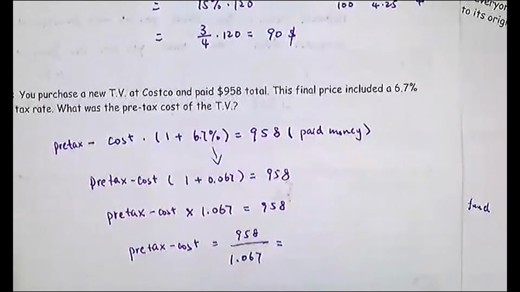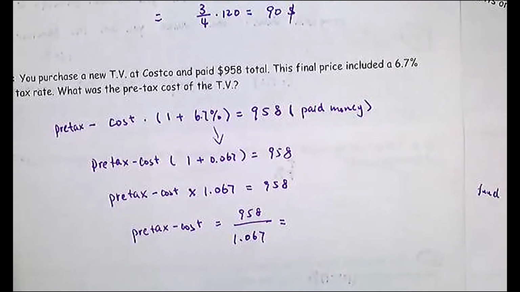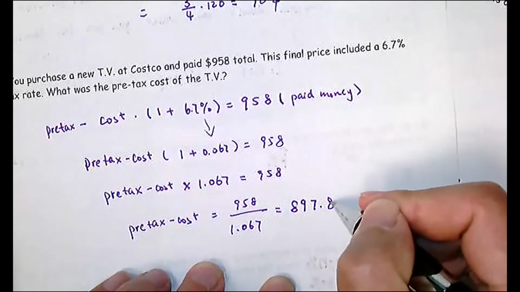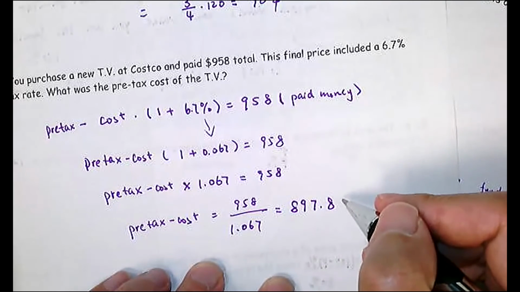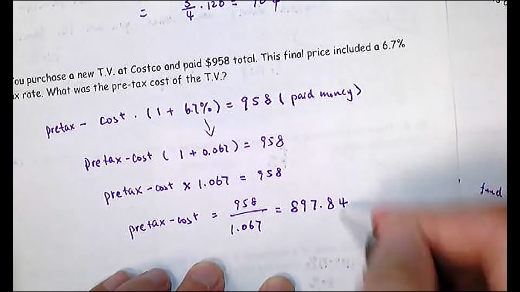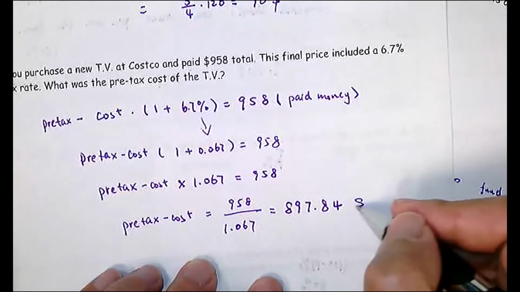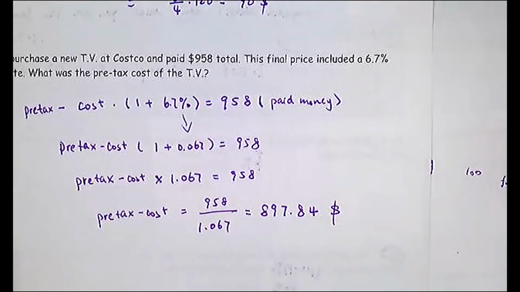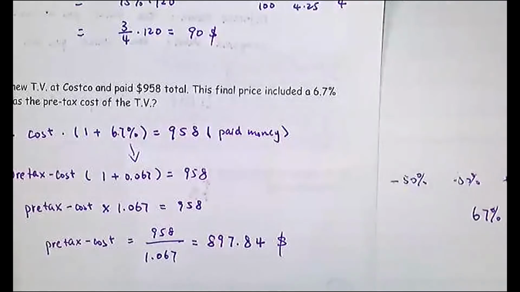I need somebody to do me a favor. Calculator time. 897.84. 897.8, what is the next? 4. Okay, let's just round to 2 decimals. Correct, you get it. Anyone has any question on this? Okay, no question.